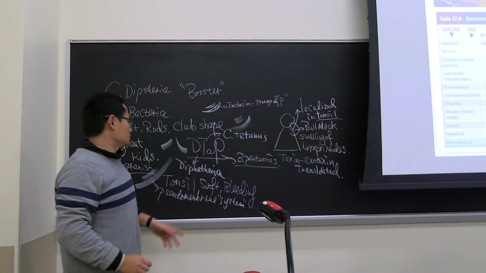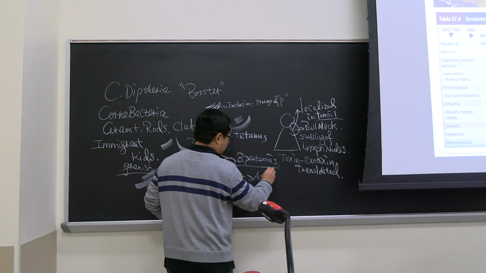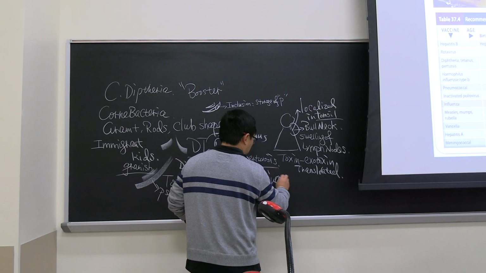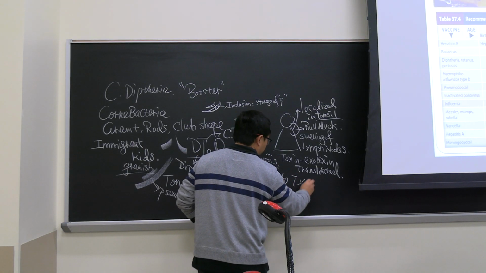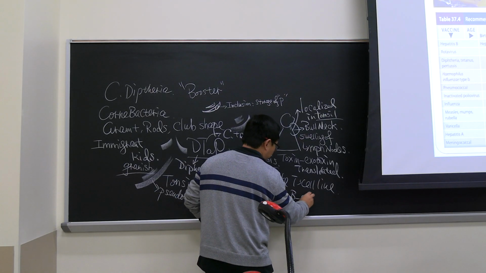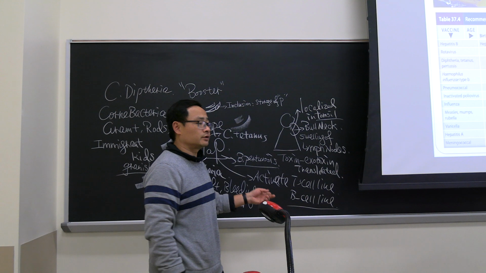The reason is that the DTaP only activates the T cell line. Remember, our immune system has two lines, the B cell line and the T cell line. The B cell line will generate antibody.